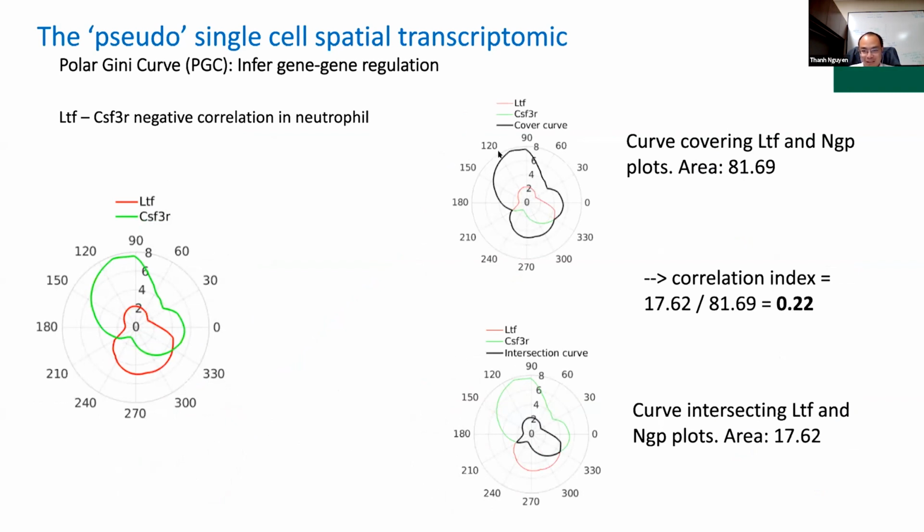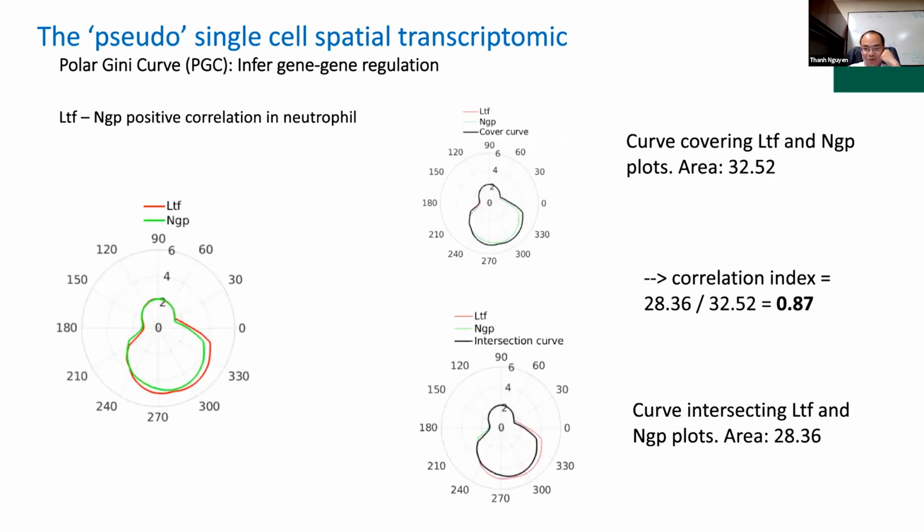Here is the covering curve for these 2, and then the intersecting curve for these 2. Intersect divided by cover is small, so we have a low correlation. Over here we have a strong correlation.